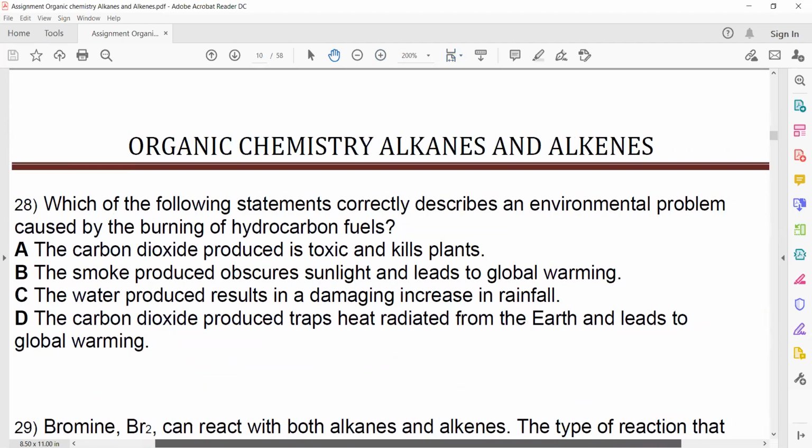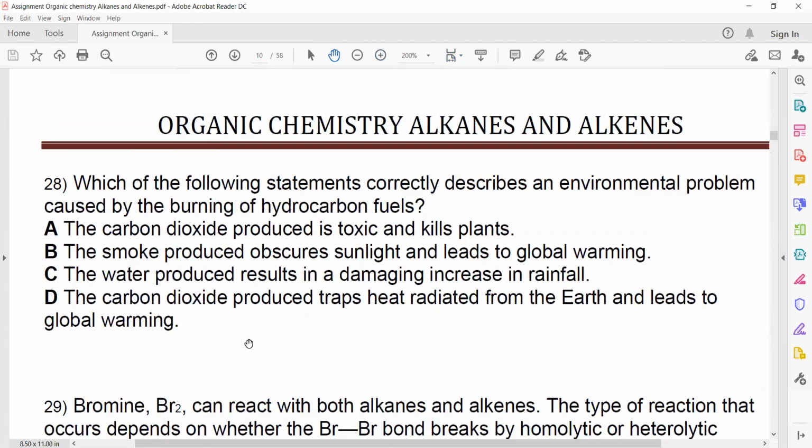Question number 28. Which of the following statements correctly describes an environmental problem caused by burning of hydrocarbon fuels?